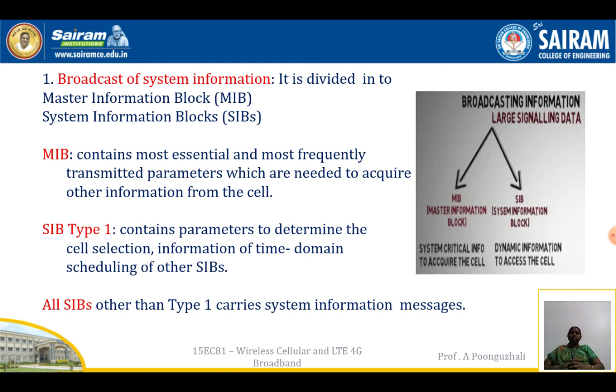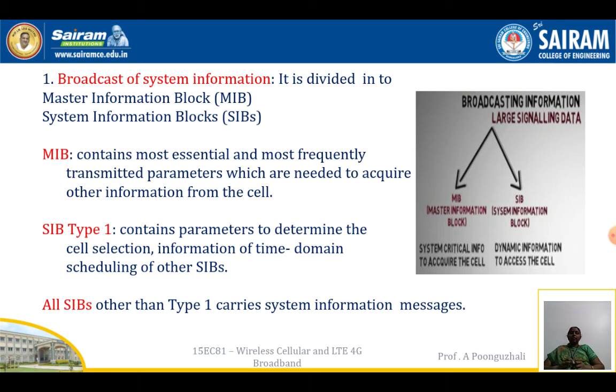And SIB type 1. SIB type 1, the system information block type 1, is going to contain the parameters which are used to determine the cell selection, and information about the time domain scheduling of the other SIBs. In this case, the dynamic information is required to access the cell.